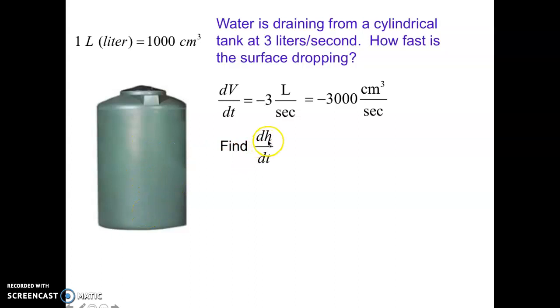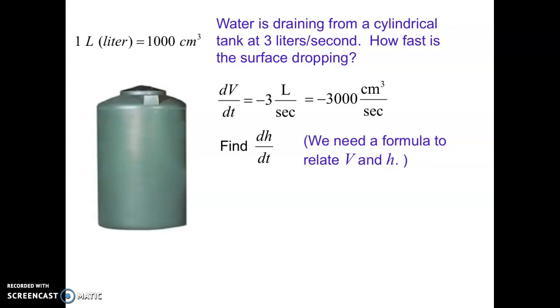So what is the rate of change of the height of the water in the tank at any given time, t? So we need to somehow find a formula that will relate these two rates. We want to relate volume and height of the water.